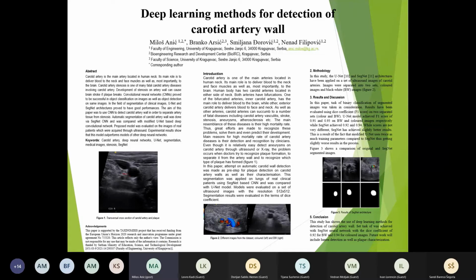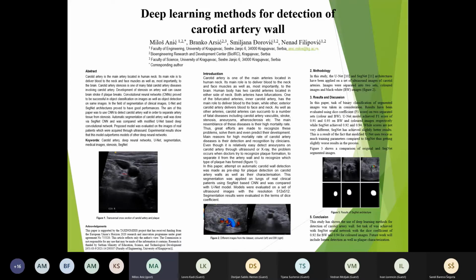This was done using convolutional neural networks, which proved to be very successful in classification of images, as well as detection of the objects on those clinical images.